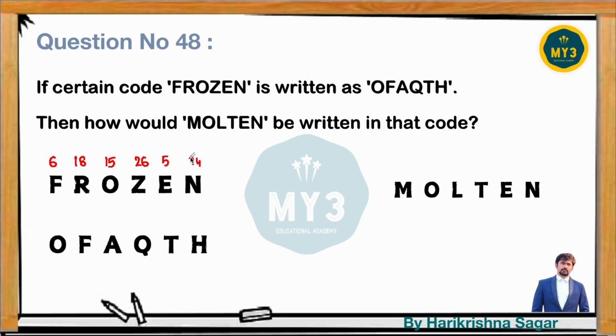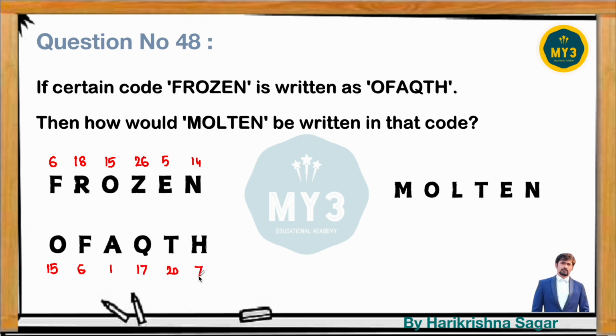O is 15, so 6 becomes 15, maybe an increase of 9. But then 18 minus 9 is 9, but it is 6. So the sequential shifting logic I was thinking is not possible here.